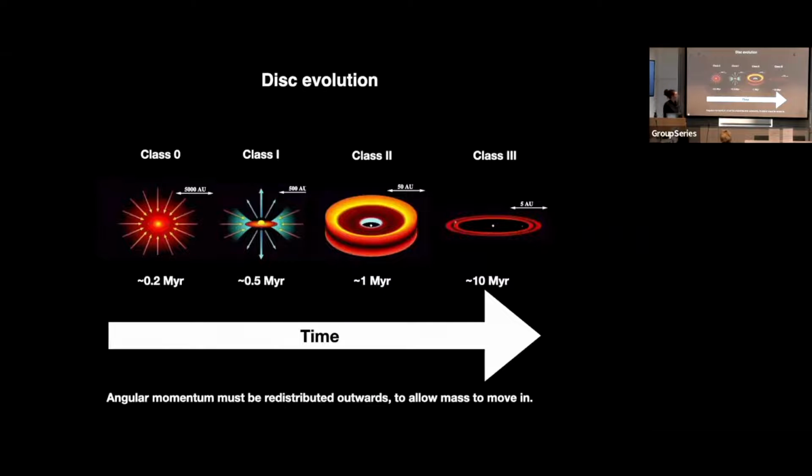So the purpose of an accretion disk, if it can be so complex as to have a purpose, is for mass to move inwards, as if sentient all of a sudden, okay? It's for mass to move inwards so that the central protostar can grow. These aren't static objects, they are dynamical objects that evolve over time. So we've built up a system of classification based on SEDs.